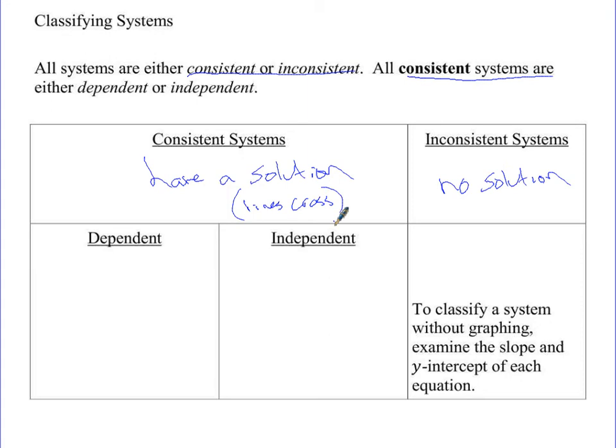If it doesn't have a solution, that means lines don't cross, which would mean they're parallel if they're lines. Okay, for consistent systems, if you are dependent, then both lines are exactly the same.